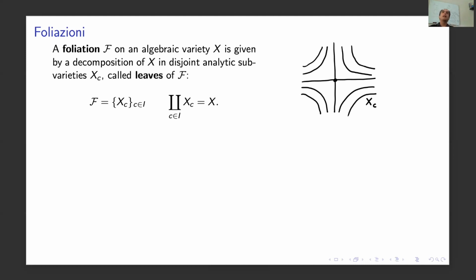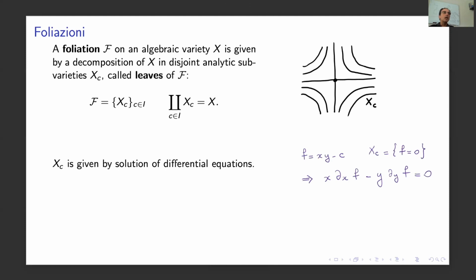But let's consider this example, which I will look at in more detail in a few minutes. Basically, we should think of this as many, many varieties whose union is equal to X.